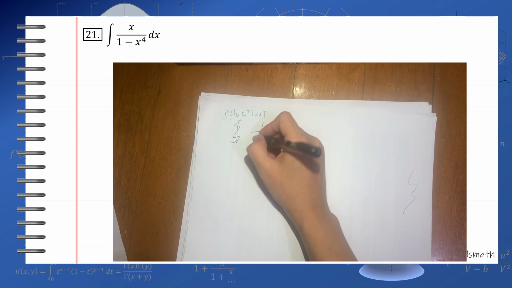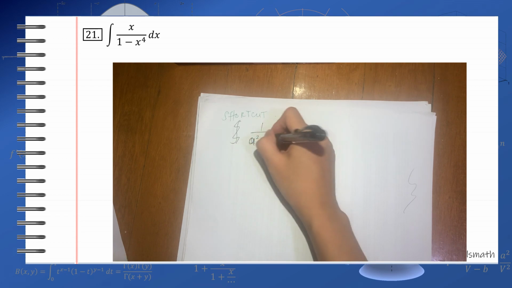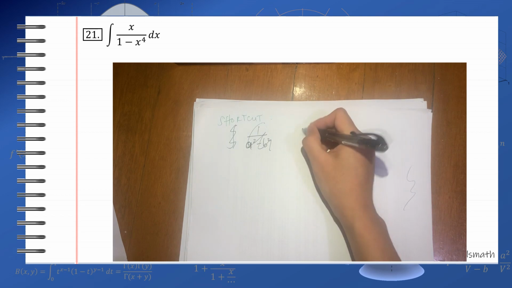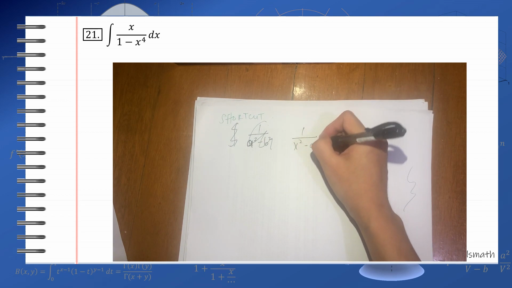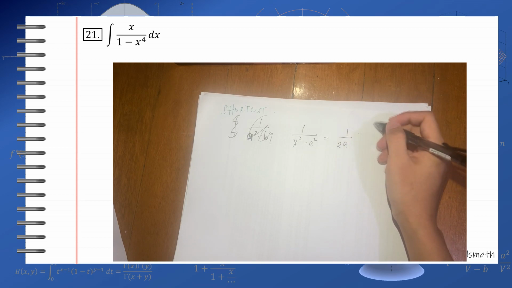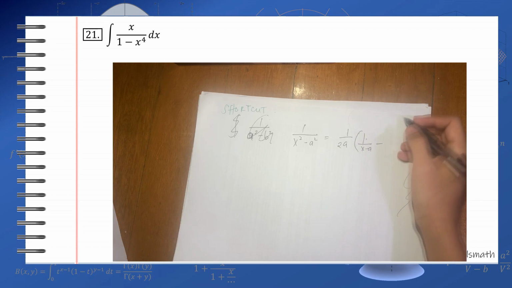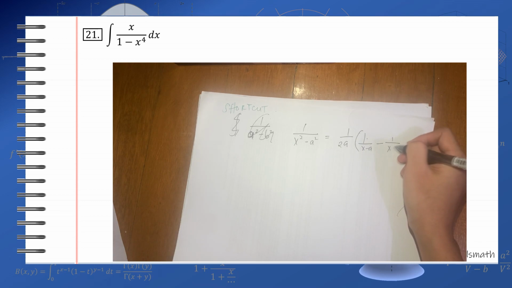So whenever you have 1 over x squared minus a squared, this is always equal to 1 over 2a times the quantity 1 over x minus a minus 1 over x plus a.